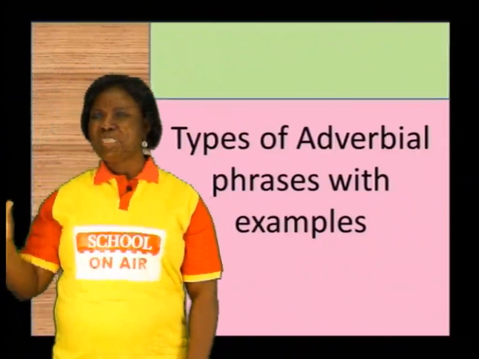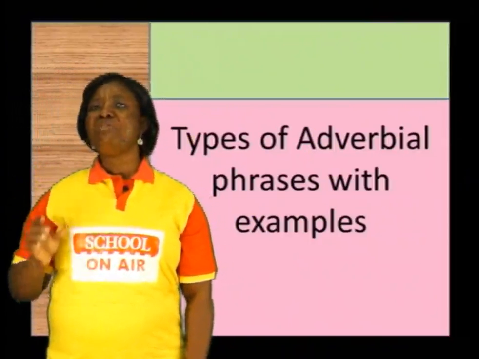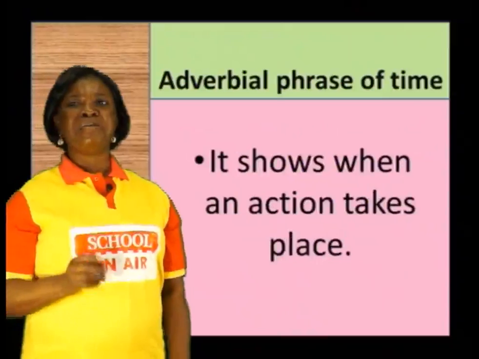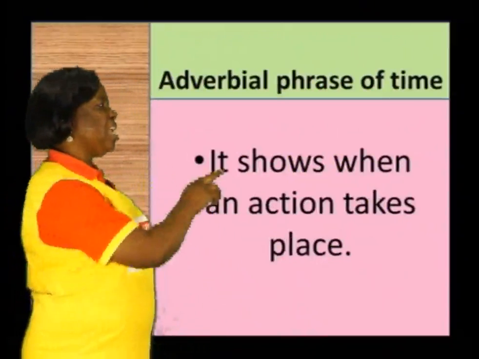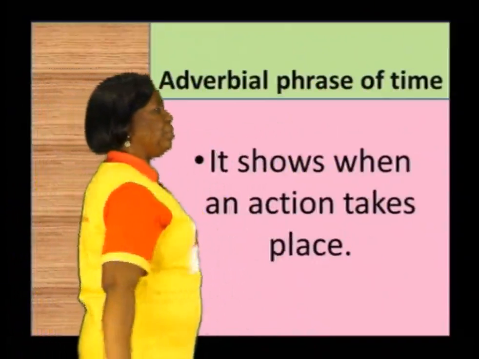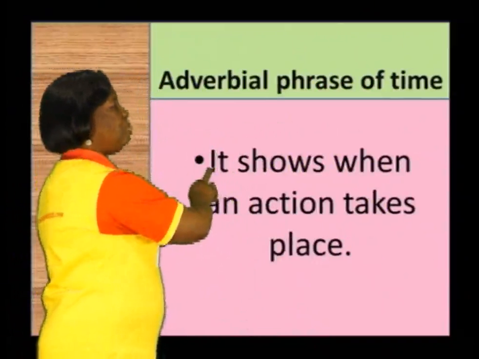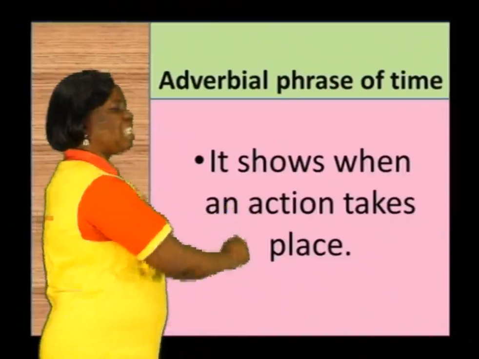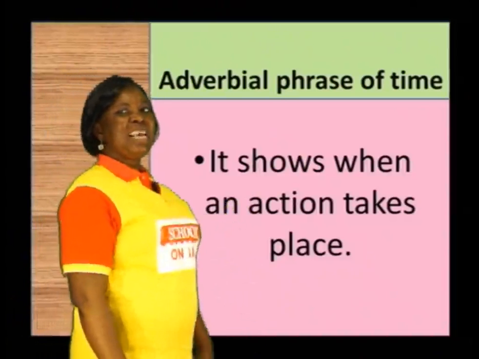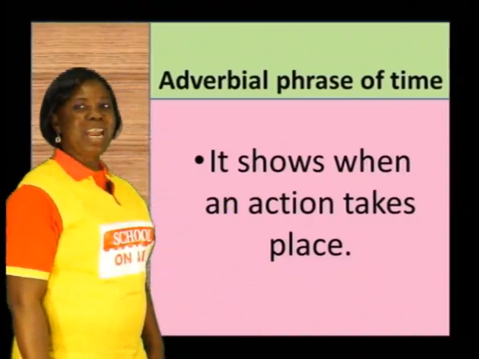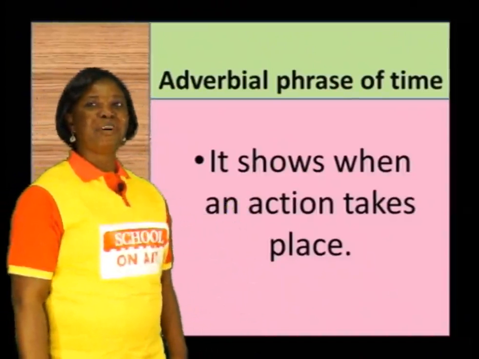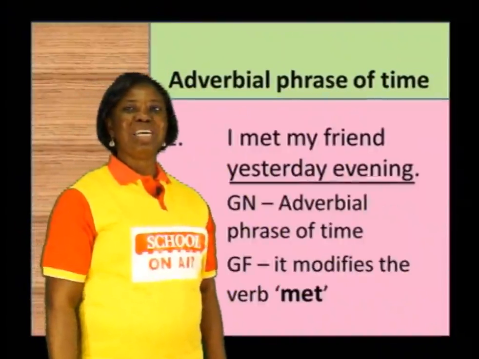So as we have different types of adverbs, so do we have different types of adverbial phrases. Now, let's look at them. The first on my list here is adverbial phrase of time. It shows when an action takes place. Therefore, it answers the question when.